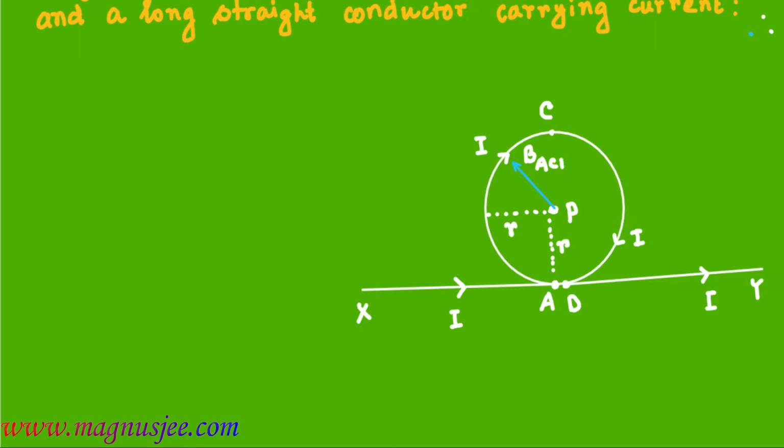This magnetic field induction, or magnetic flux density, BACD, acts inwards, and it is denoted by a cross under the bracket.